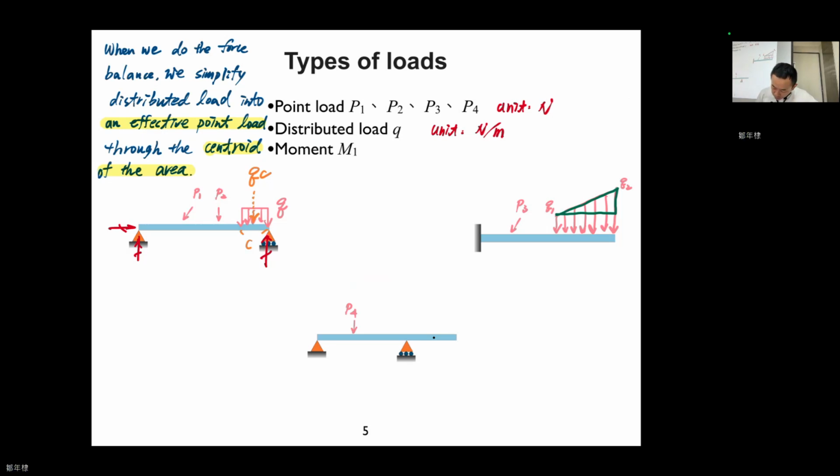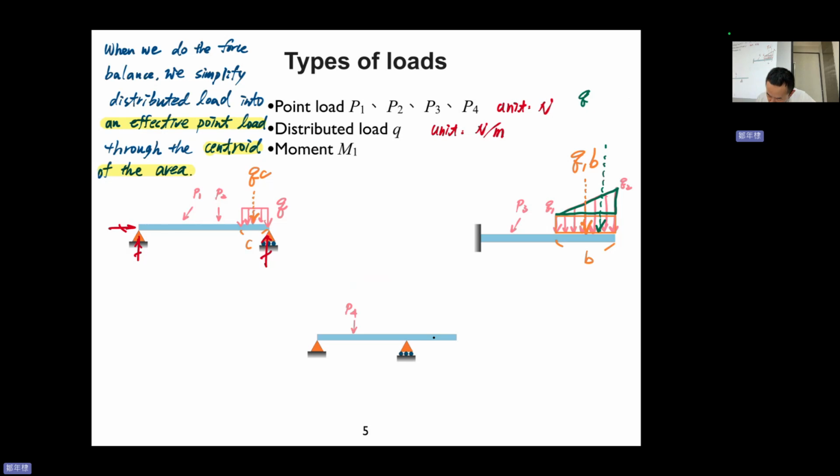And then the first area here will act through the centroid of the green rectangular part, Q1 times B. This is B. And the other part will act through the centroid of the triangle.